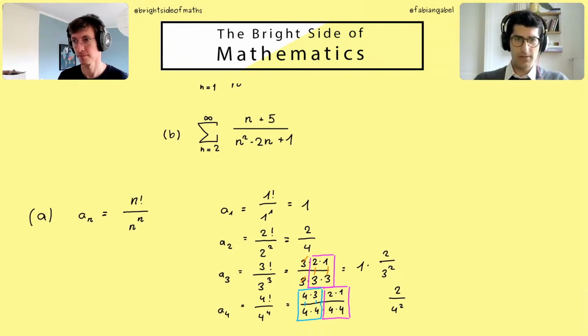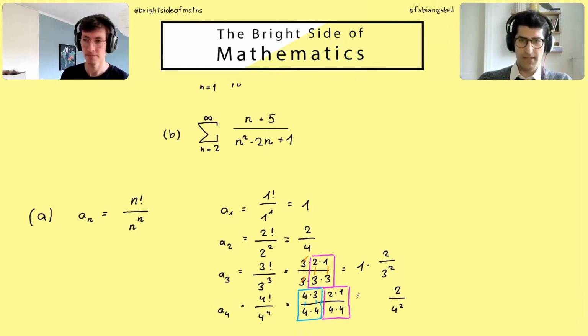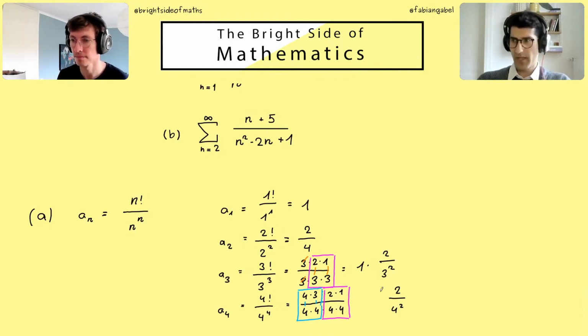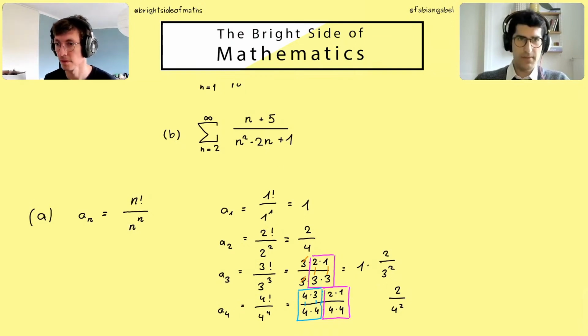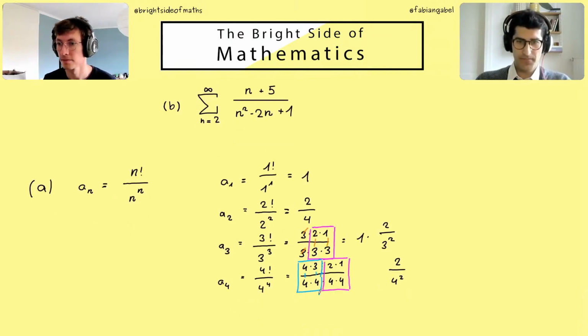So what we can do is now we can just estimate it. So this blue section, we can just estimate this by 1. Yeah, so this is less or equal than 1.